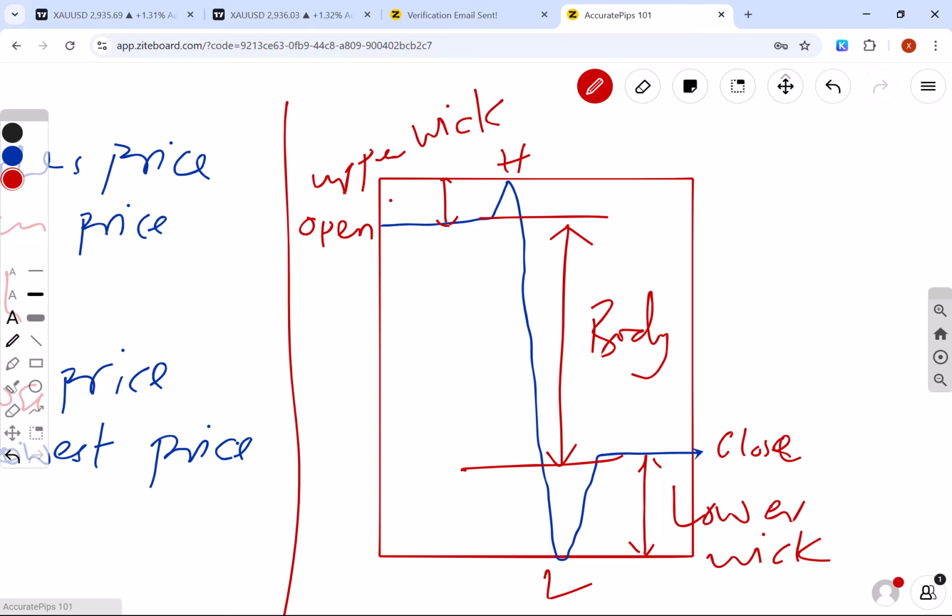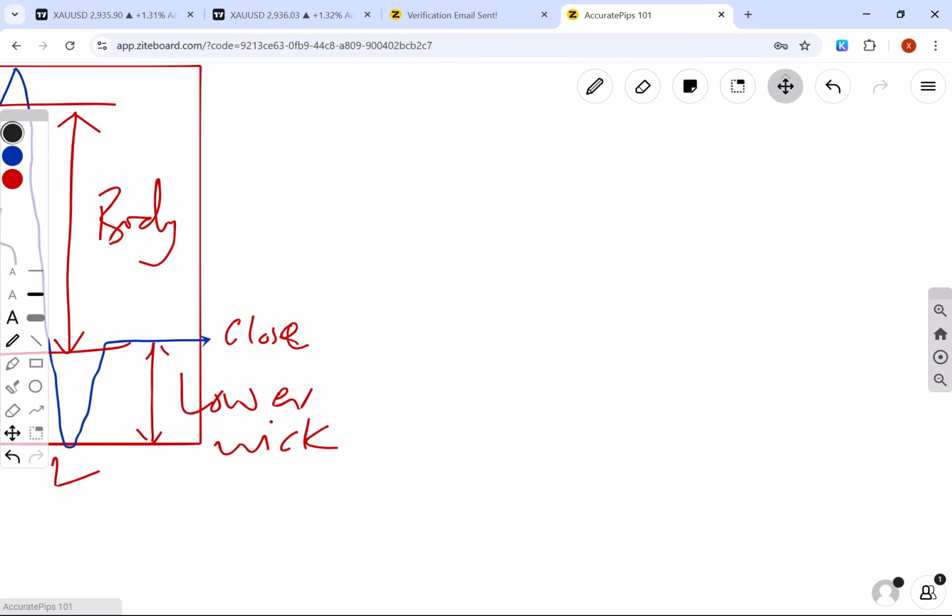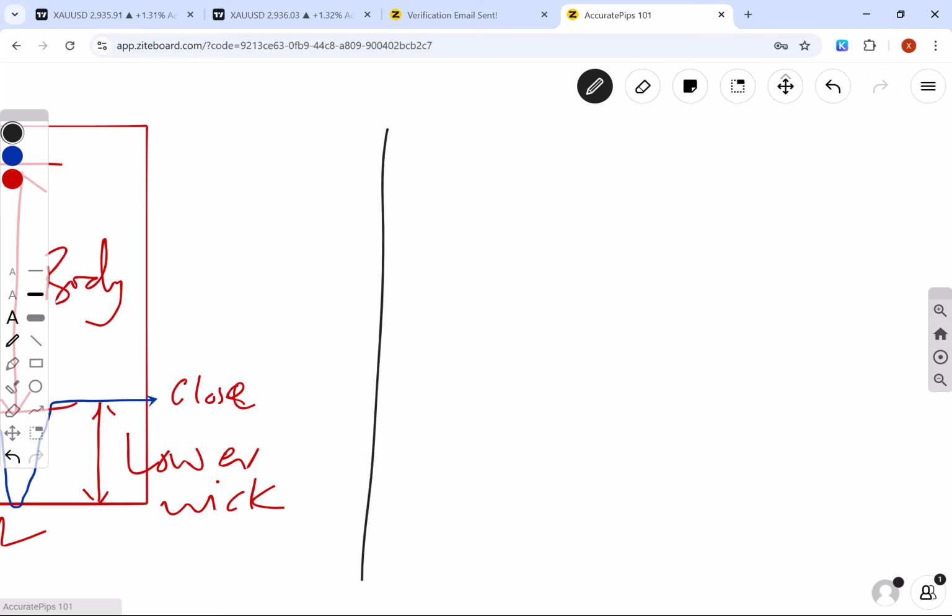Hope you guys are following. So this is the bearish candle. Now let's look at the bullish candle.